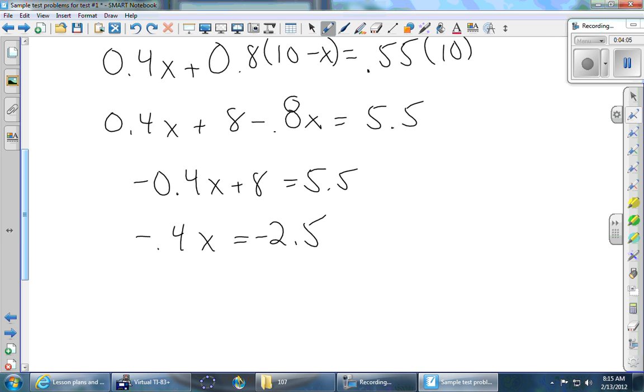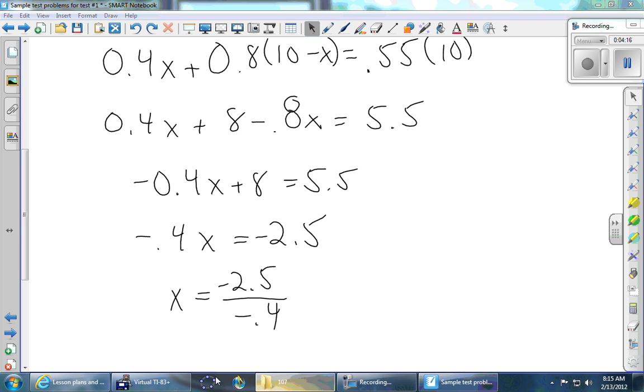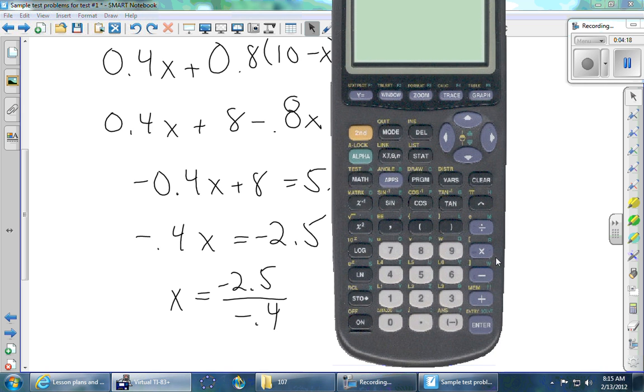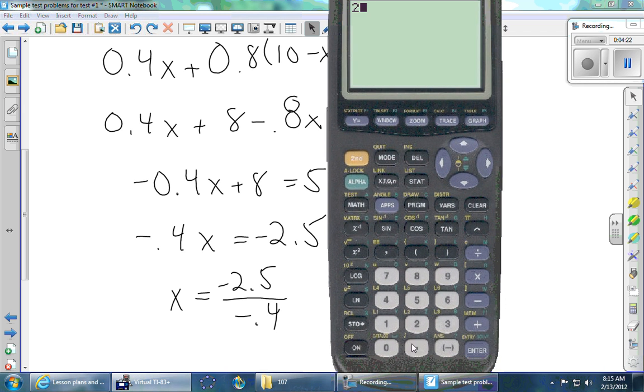And then finally divide by negative 0.4. And I'm not going to type in the negatives because they cancel, so we just have 2.5 over 4. Divided by 0.4. So we get 6.25.